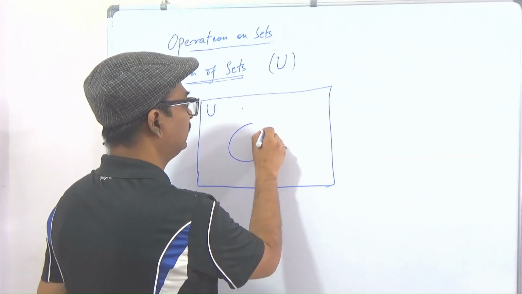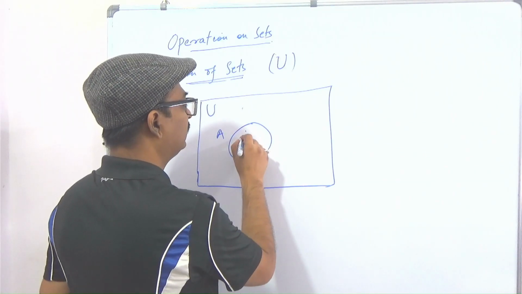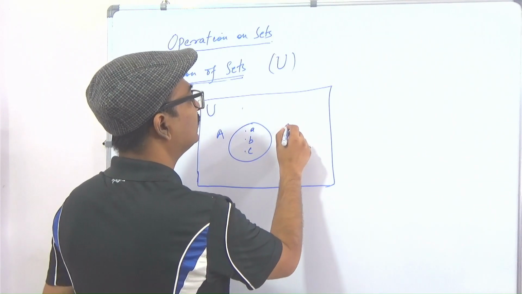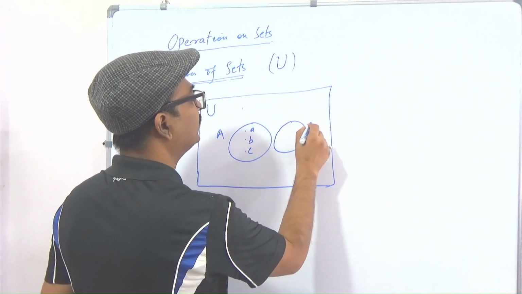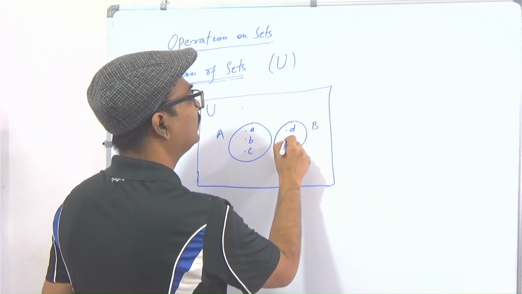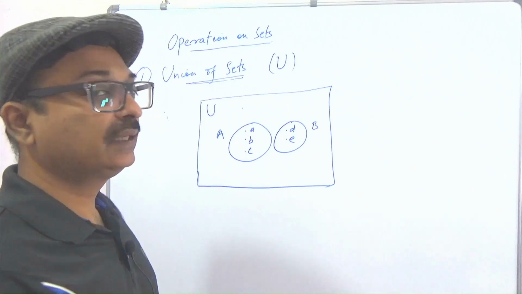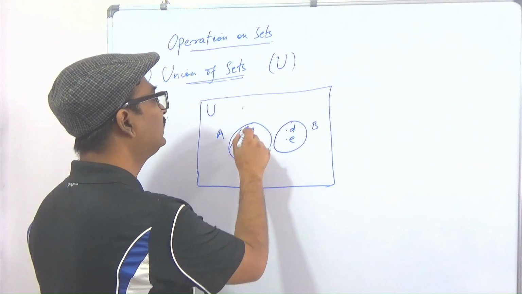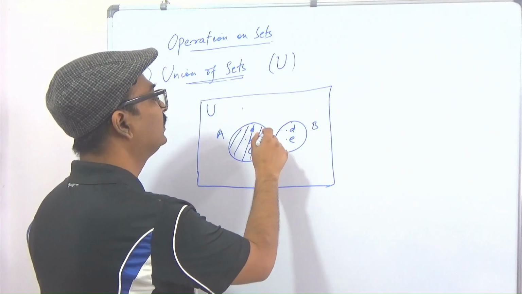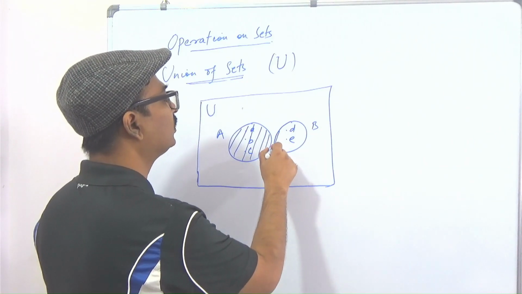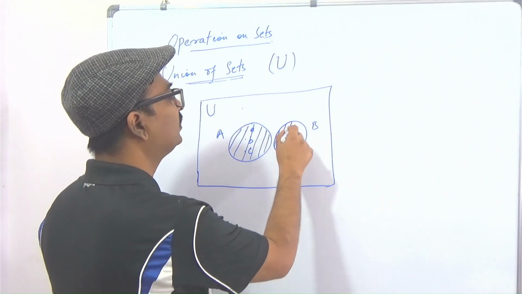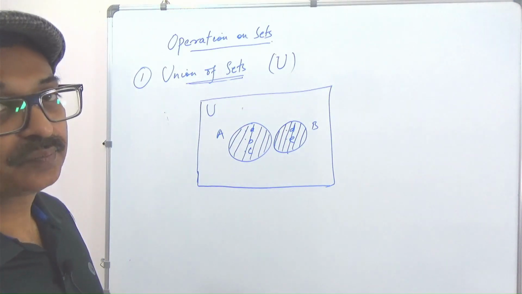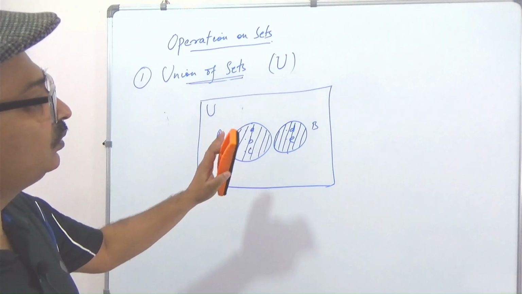Let's say this is A with a, b, c, and this is B with d and e. So what is A union B? We shade the area on the Venn diagram which we are actually talking of. So A union B will be these two sets completely. This is A union B.